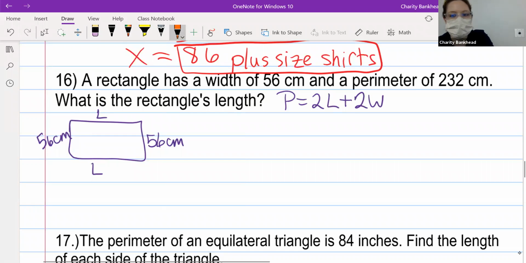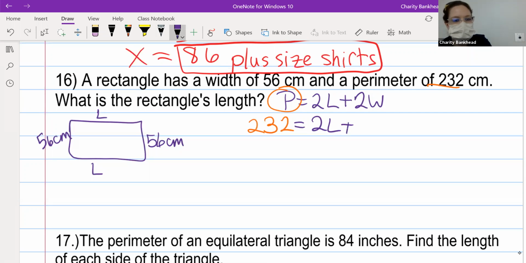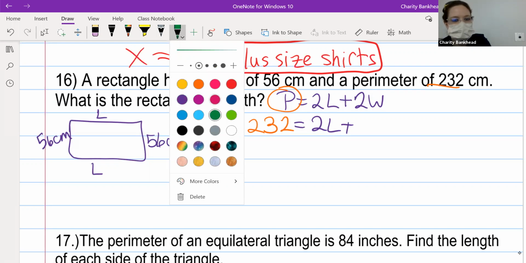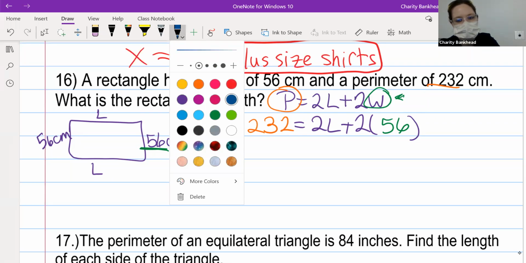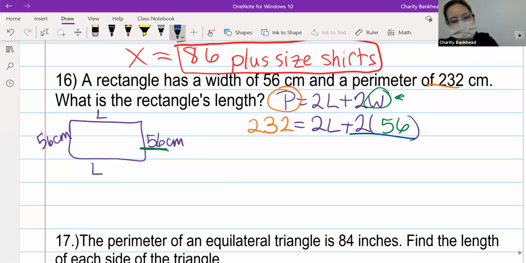And then we know that the perimeter is 232, so we're going to put 232 in place of P. So 232 equals 2L plus 2W. So we know the width is 56, so we'll put that in place of W. So it'll be 2 times 56 right there. 232 equals 2L plus 2 times 56, and then let's multiply 2 times 56 equals 112.